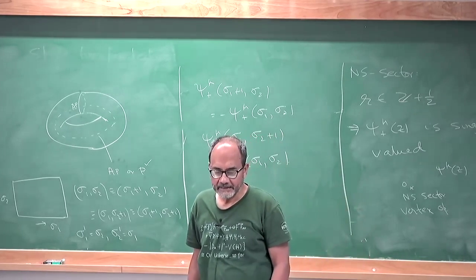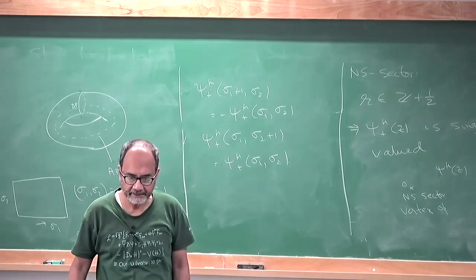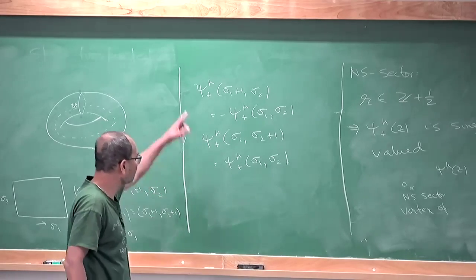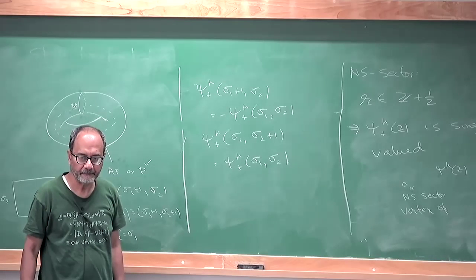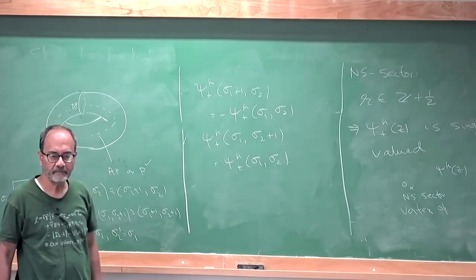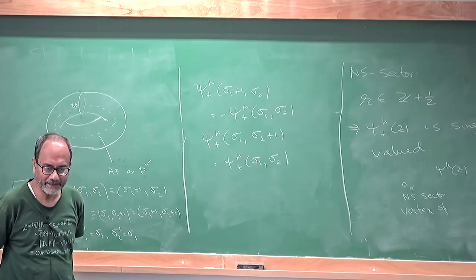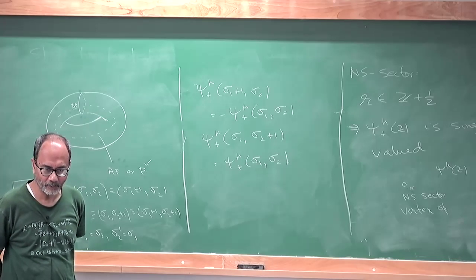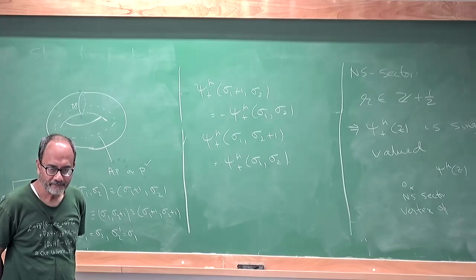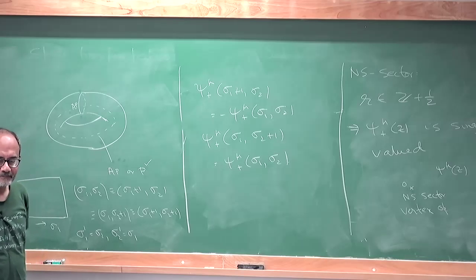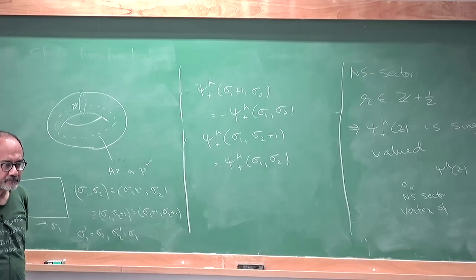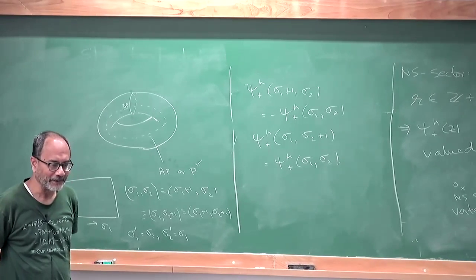See, even if psi plus picks up a phase, it makes no difference to this. It will cancel on both sides. There's no other field, no? The right sector has no other field. No, it can't go to the left sector.